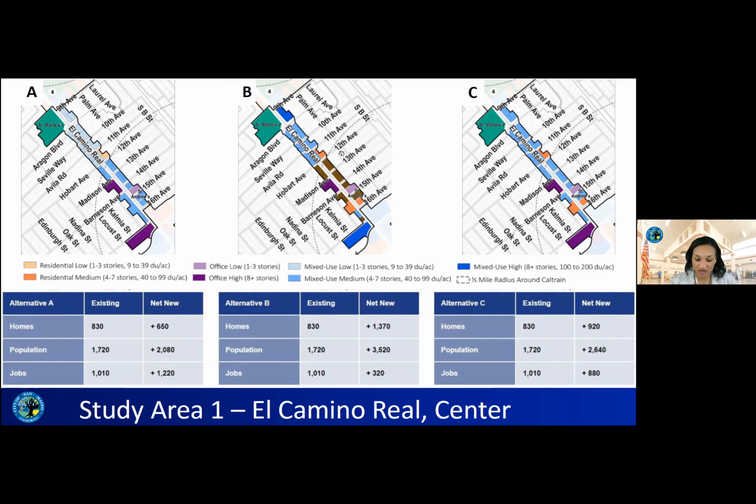And then we have alternative C over to the left, which is going to be mostly mixed use medium, 4 to 7 stories, 40 to 99 dwelling units per acre. And just to point out, this dotted semicircle is the radius, a half mile, within half a mile of the Caltrain station. So that gives you an idea about why there might be more dense residential here.